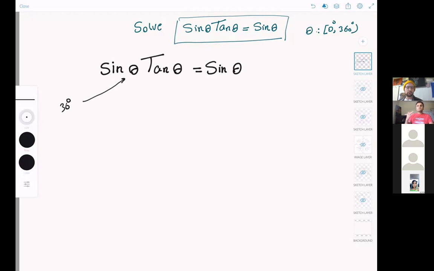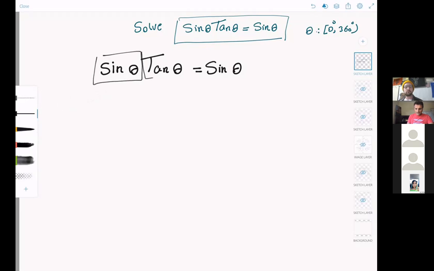We don't want to examine all those degrees. That is the wrong approach. But you got the idea. We are looking for what theta makes sine of that angle multiplied by tangent of that angle equal to sine of that angle. All right.